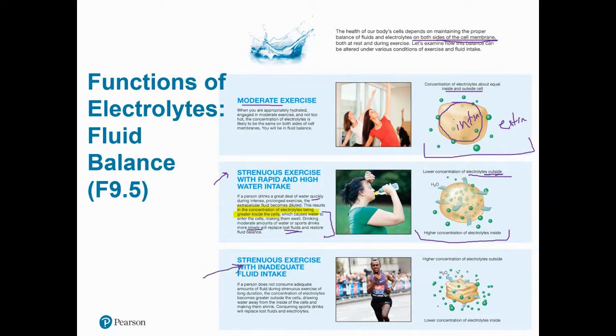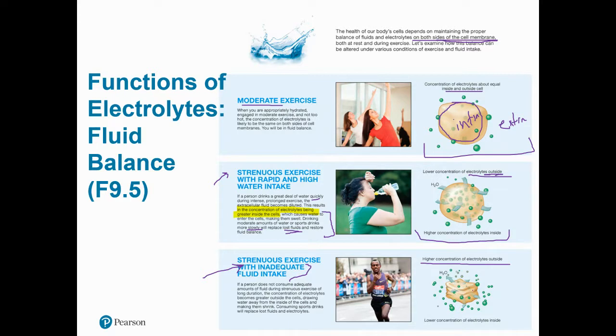And then in the bottom case, we have strenuous exercise, but not enough fluid intake. In this case, the person is, again, exercising really intensely, probably for several hours. In that time, the concentration of electrolytes outside of the cell becomes greater, because these cells have been working so hard for so long and they've been losing water.